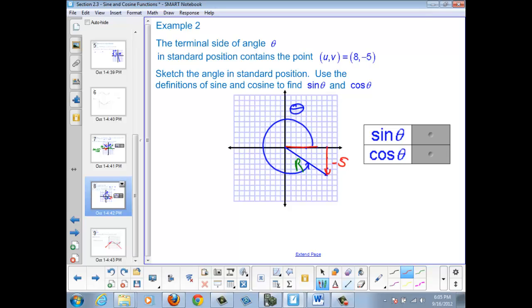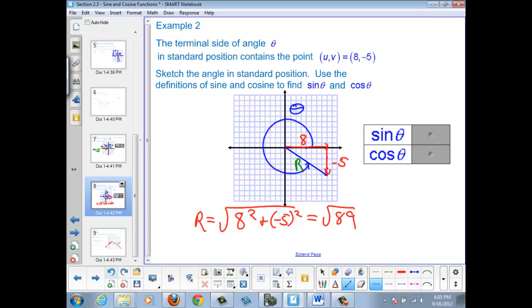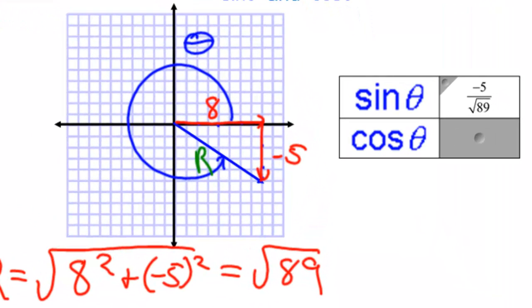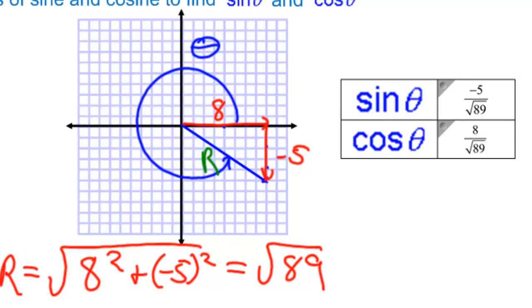We know that this is 8, and this is negative 5, so r is going to be the square root of 8 squared plus negative 5 squared, which would be the square root of 89. The sine would be the vertical distance over r, so it turns out to be negative 5 over root 89. And the cosine would be the horizontal distance over r, or 8 over root 89.